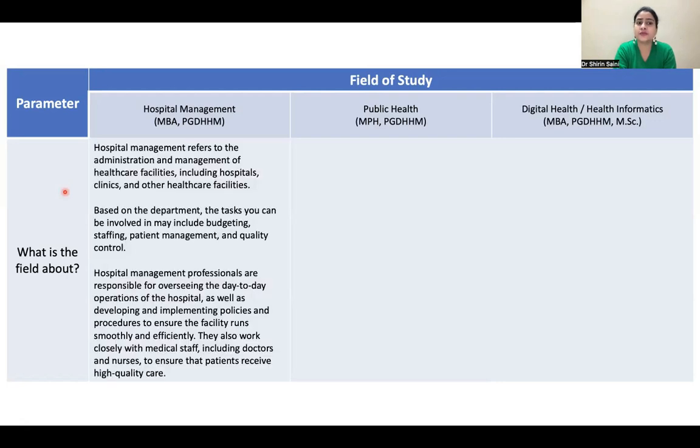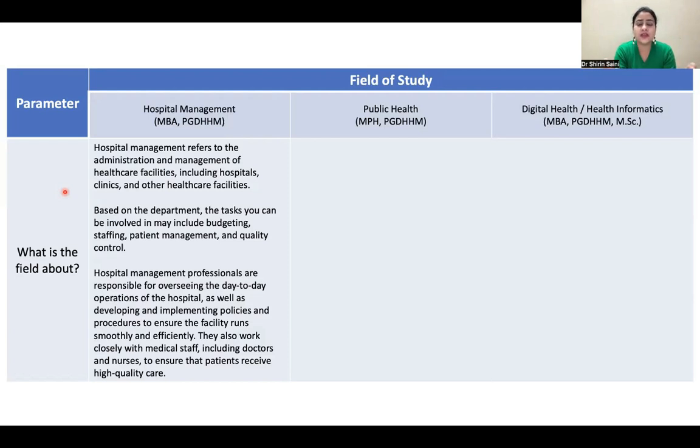Hospital management basically refers to the administration and management of healthcare facilities, including hospitals, clinics, and any other healthcare facilities. Like in the public hospitals, we have 5 levels of hospitals. Similarly, in private sectors, there are nursing homes, small polyclinics, clinics, small 20-25 bedded hospitals.